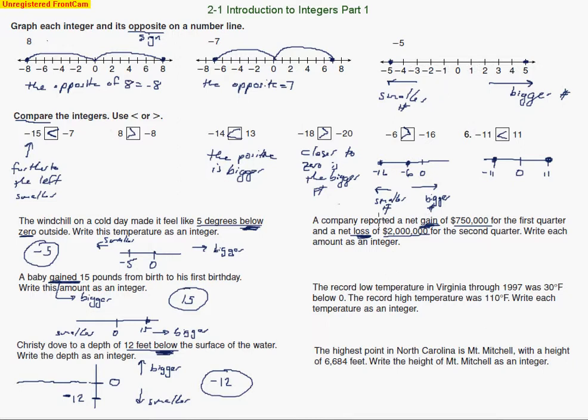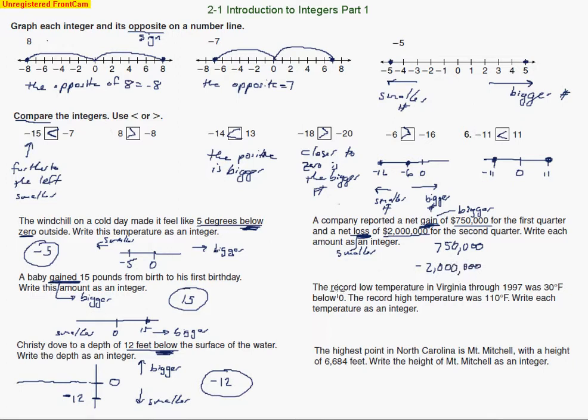So if we are gaining, that means that we have positive 750,000. A gain meant bigger, and bigger means that we're on the positive side. Loss means smaller. That means from 0, it is on the negative side. So this would be a negative 2 million.